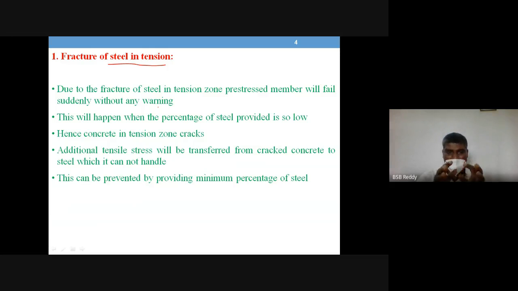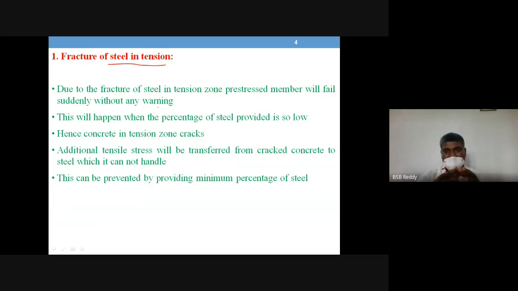So there will be tensioned steel and untensioned steel in pre-stressed concrete. Tensioned steel means the tendons that you pull. Untensioned steel is just normal HYSD bars that you provide in RCC.